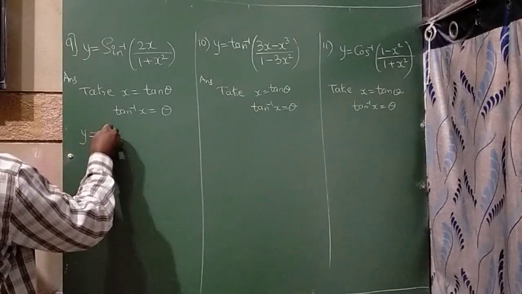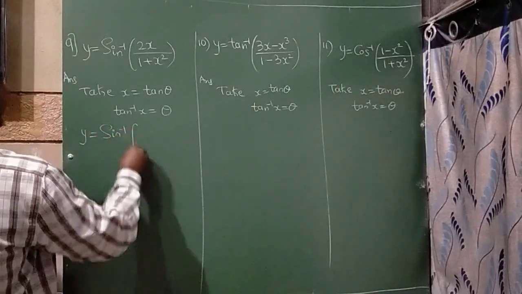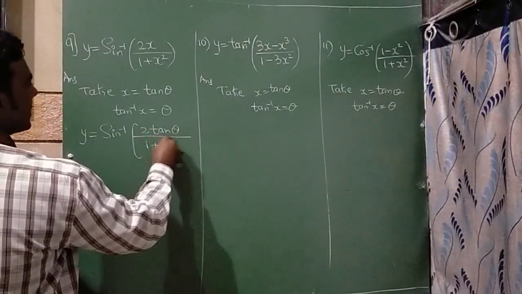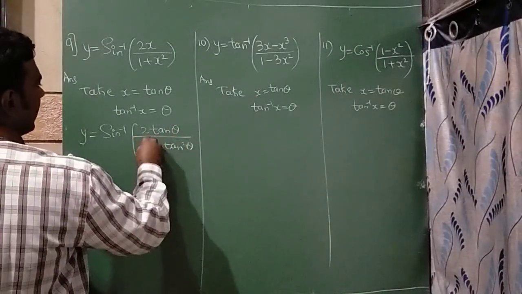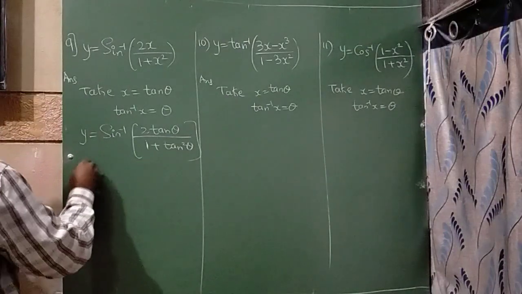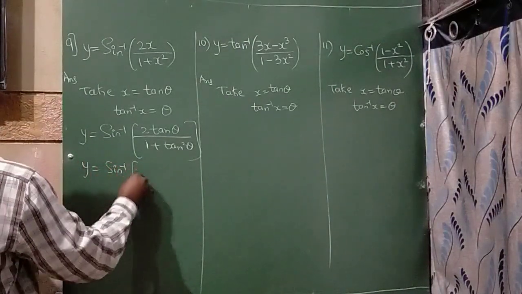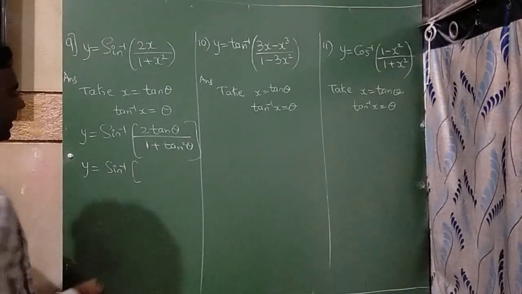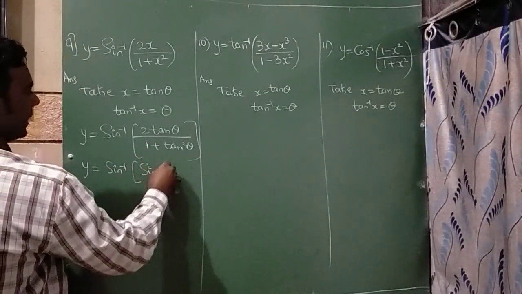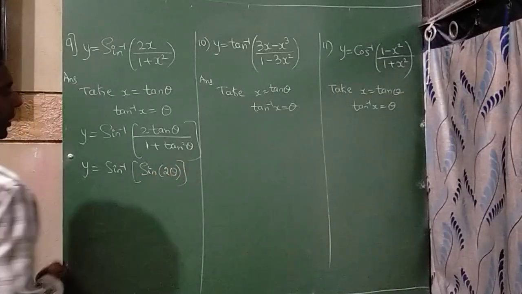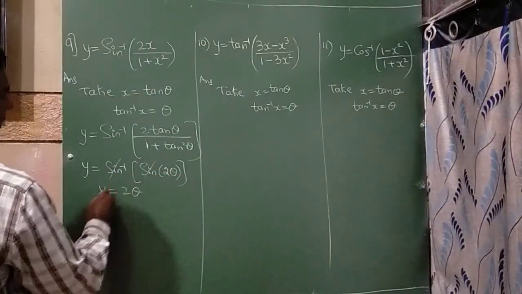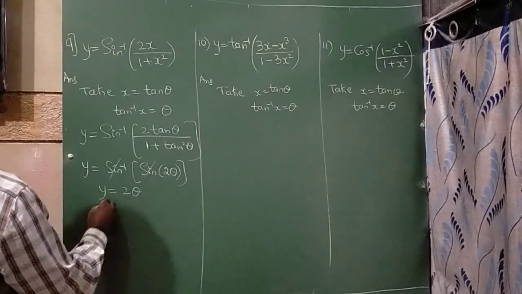So y is equal to sin inverse of 2 tan theta divided by 1 plus tan square theta. There is a formula called sin 2 theta. Okay, so sin inverse and sin get cancelled. You remain with y is equal to 2 theta.